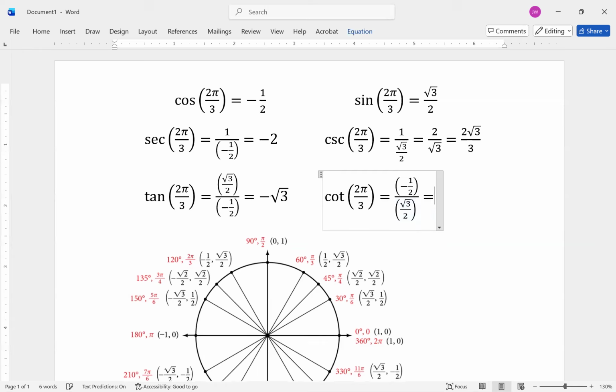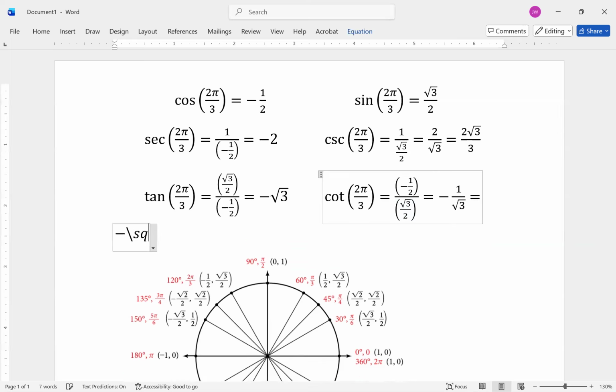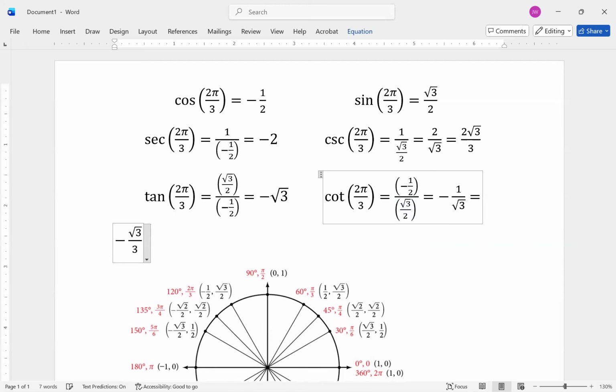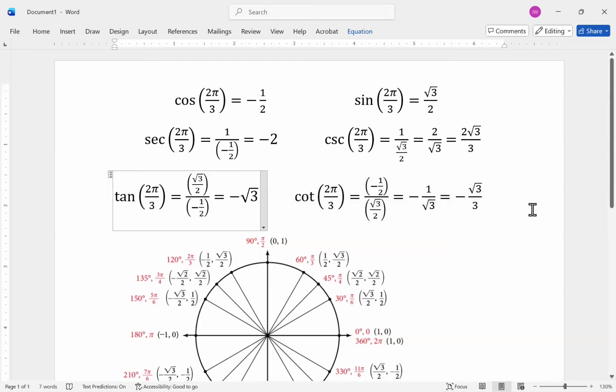Simplifying that gives you -1 divided by the square root of 3. Again, if you want to rationalize the denominator, that is going to be negative the square root of 3 divided by 3. So there we go. So that's how we can get our 6 trig functions with argument 2 pi over 3.